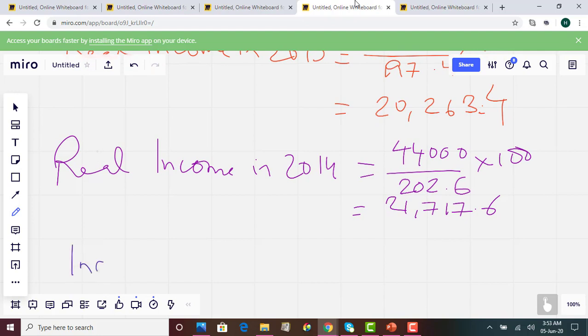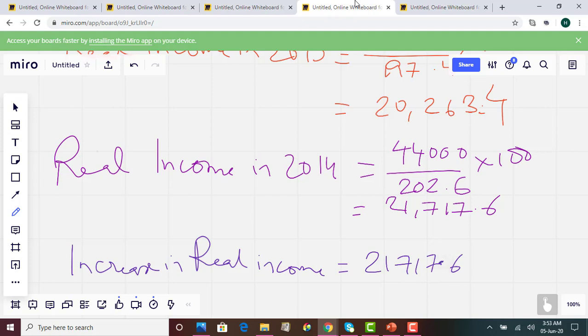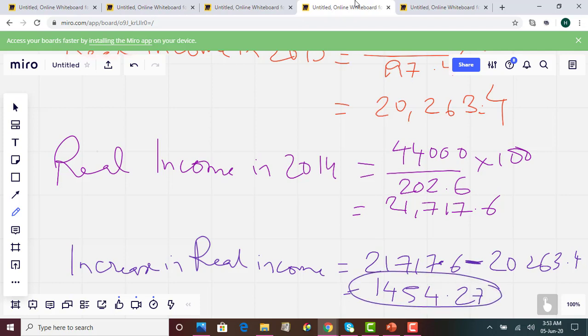The increase in real income is equal to 21,717.6 minus 20,263.4, which is equal to 1,454.27. So your real increase in income is 1,454.27, and this has been adjusted for inflation.